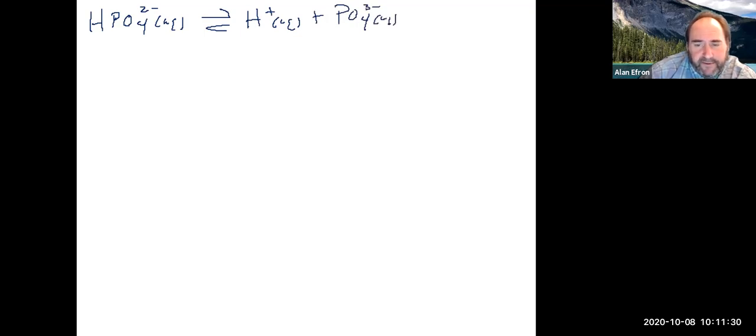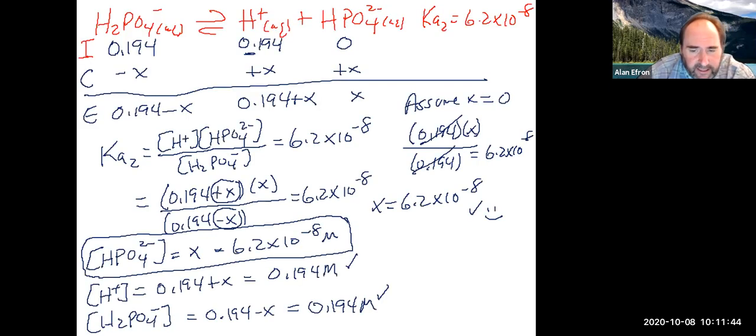And because it's the third hydrogen, we'll use the Ka3 value of 4.8 times 10 to the minus 13. Just like we did previously, our initial concentrations are going to come from the equilibrium values of the previous table, pulling over our equilibrium concentrations.